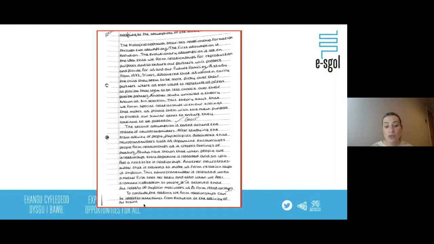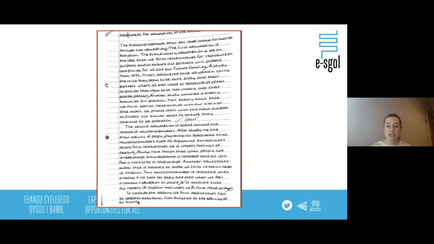So the conclusion says, to conclude, the reasons we form relationships can be related to many things, from evolution to the activity in our brains. That's correct. If that conclusion was on an evaluation question, it would not be a well-developed conclusion. It's a little bit of a throwaway conclusion, I would say, a bit of a panicked conclusion.